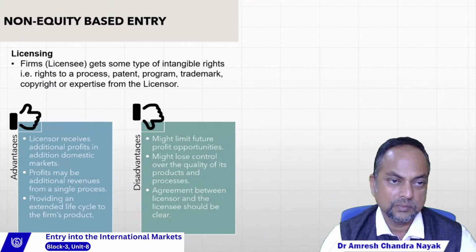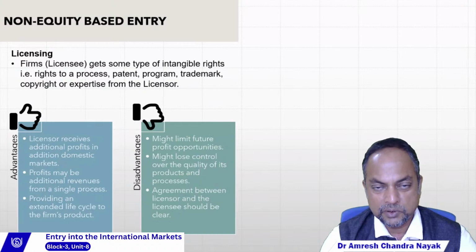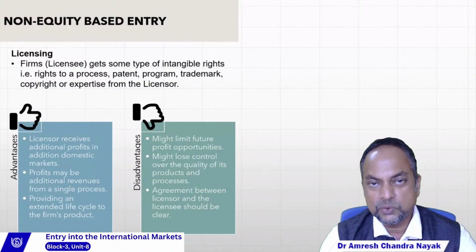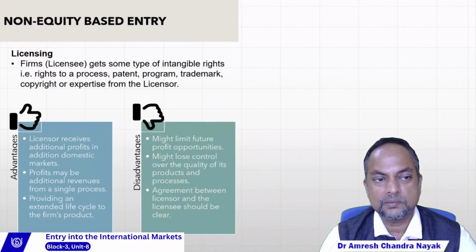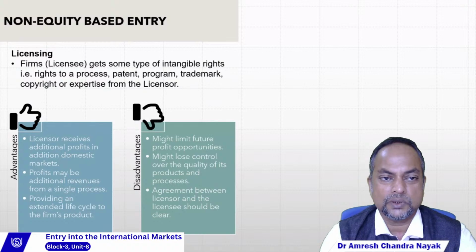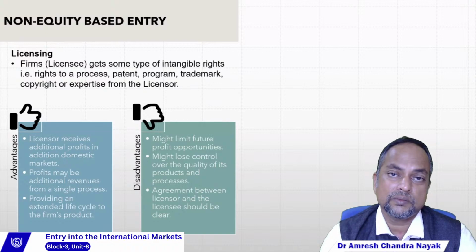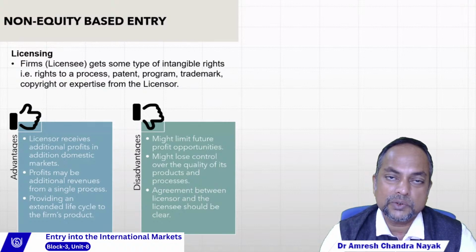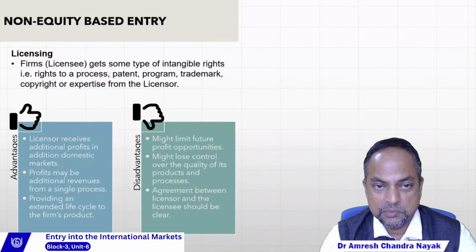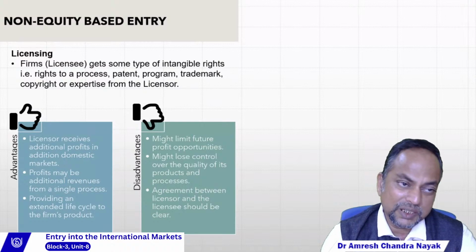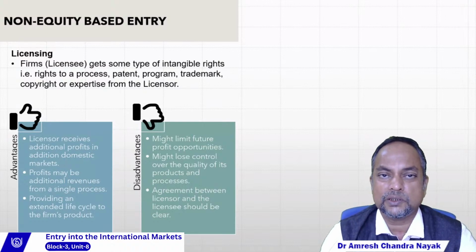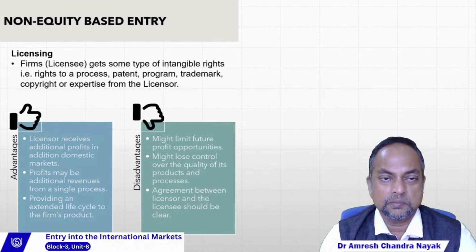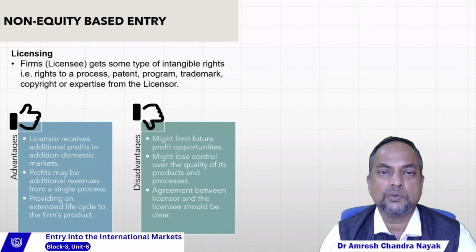So here the manufacturer from the host country would like to go for an agreement, and in those kinds of agreements, they usually focus on the different processes, whether the host country can modify those processes or not. Patents can be taken by the host country organization. The copyrights of the programs can be taken into consideration. The trademarks, expertise, all of those things are shared between the parent country organization and the host country itself.